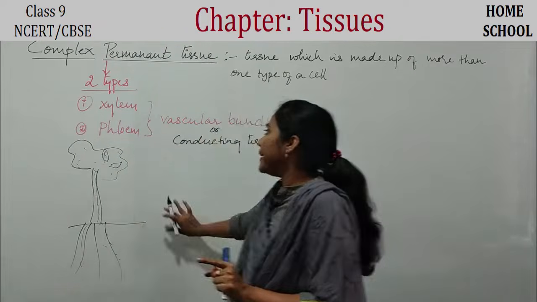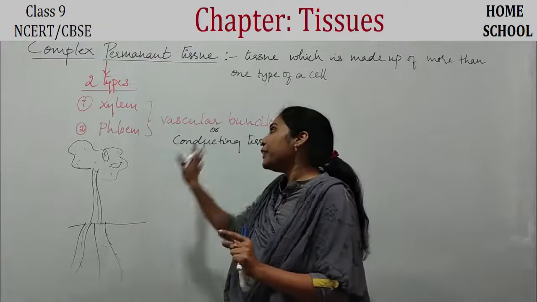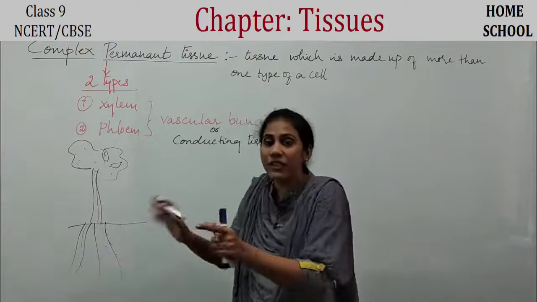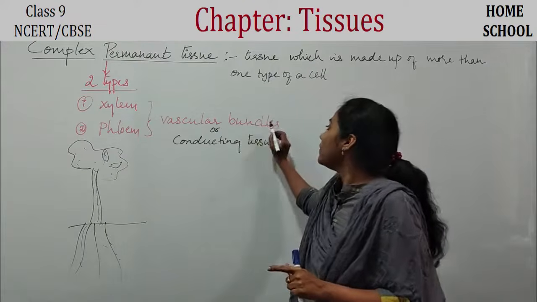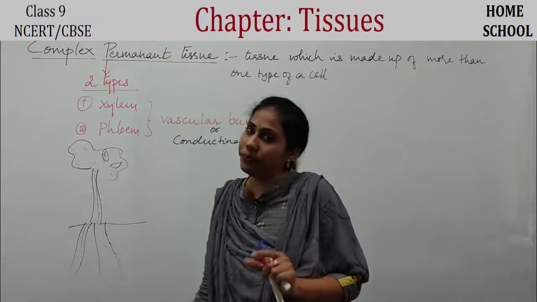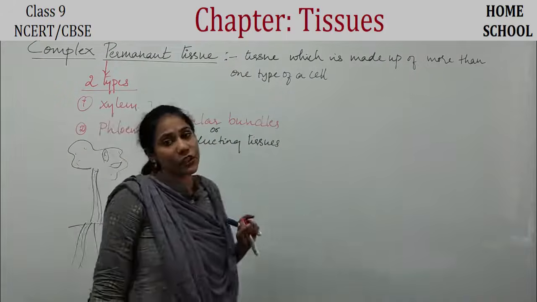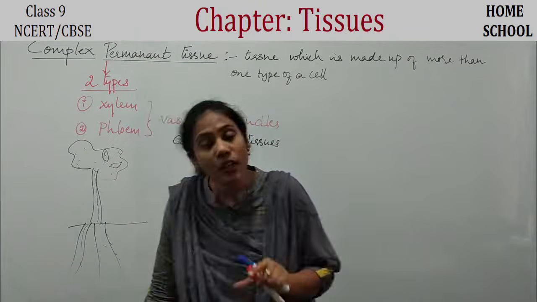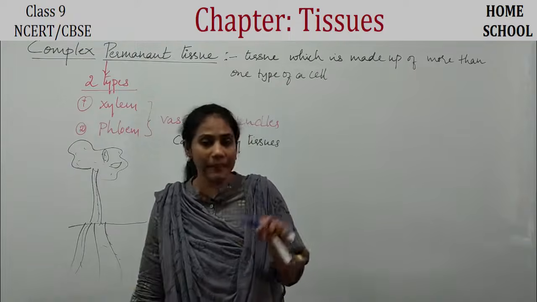Okay, so that is the main duty of xylem and phloem. Since they are used for the passage of things, that is food and water, from one place to another place, they are called vascular bundles or conducting tissue. Understood why we call them vascular bundles or conducting tissue? Because they are helpful in carrying water as well as food from one place to another place.